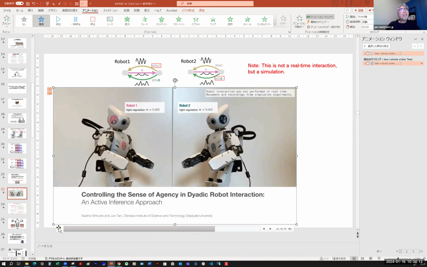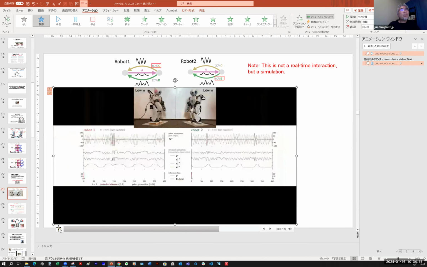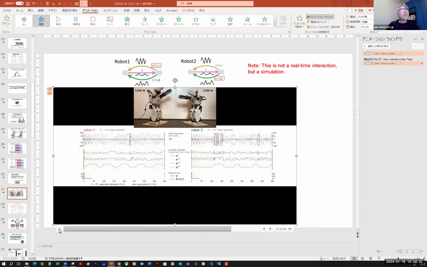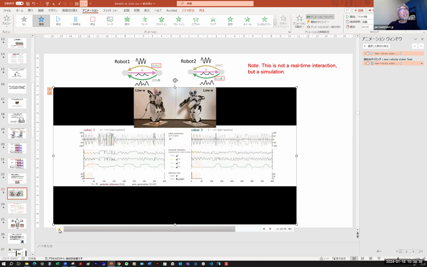Finally, we set both robots with small w. First you see very unstable future prediction on both sides. Because w is very small, now doing A, it happens to synchronize with C, but in an unstable manner.